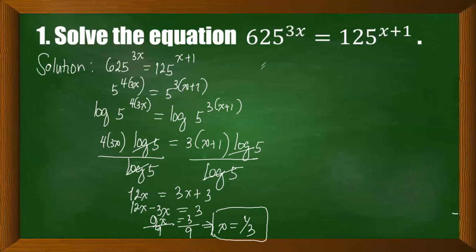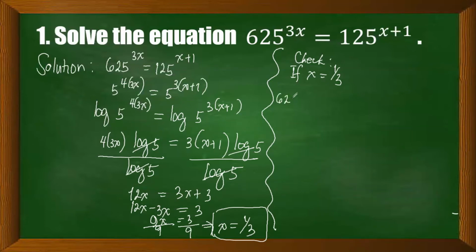So let us see if x is equal to 1/3 is really a solution of the given equation. So let us check if x is equal to 1/3. We are going to substitute 1/3 for the variable.